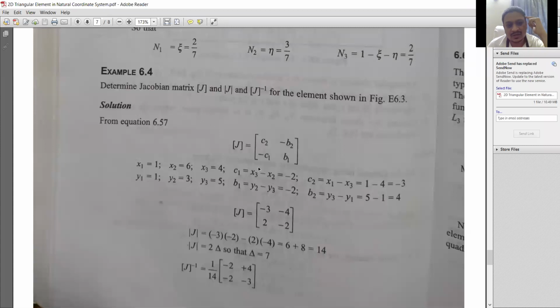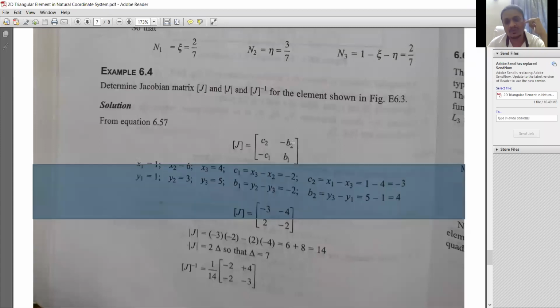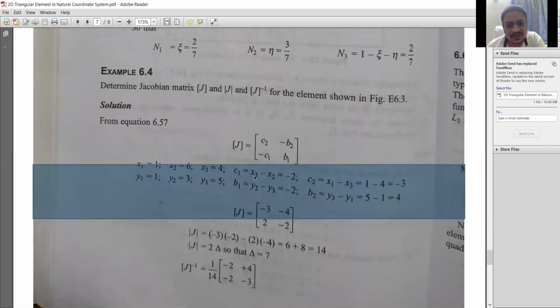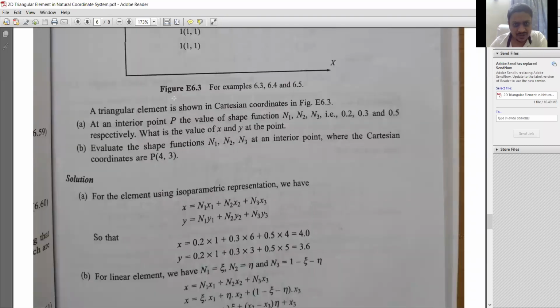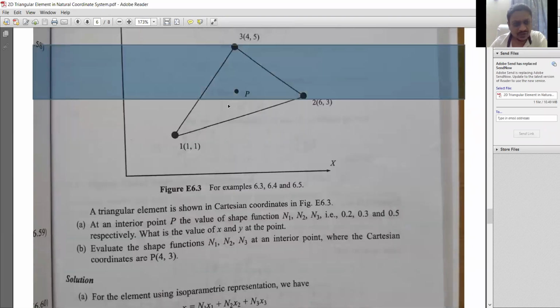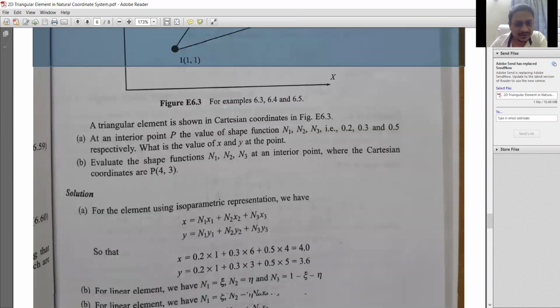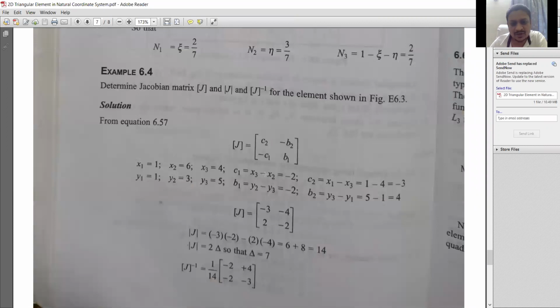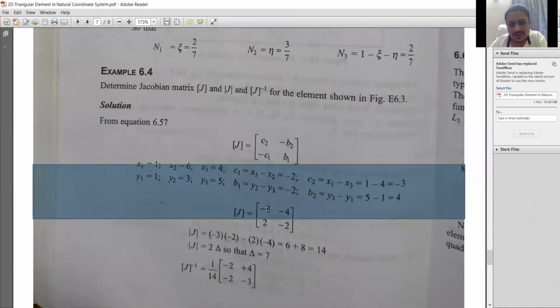C1 is x3 minus x2, C2 is x1 minus x3, B1 is y2 minus y3, and B2 is y3 minus y1. We are referring to the same problem we have seen earlier, so we use the same numerical values in the same equation. We just substitute the values of x1, x2, y1, y2 and we can get the value of J.